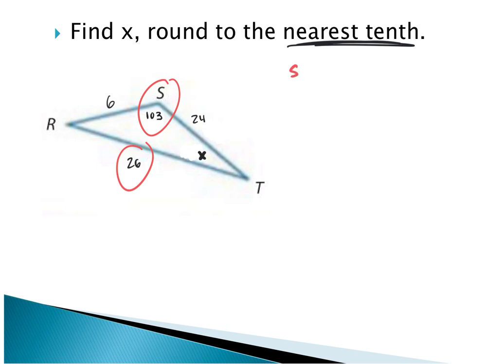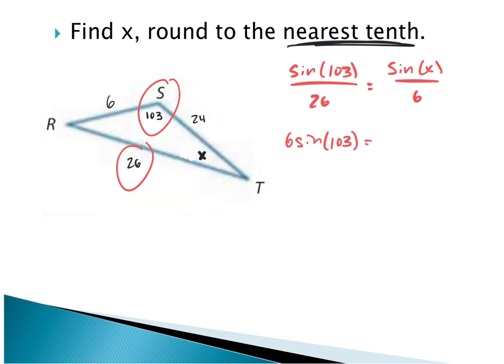So I have sine of 103 over 26 is equal to the sine of x over 6. Now I'm going to cross multiply, same as always, and I have 6 sine of 103 is equal to 26 sine of x.